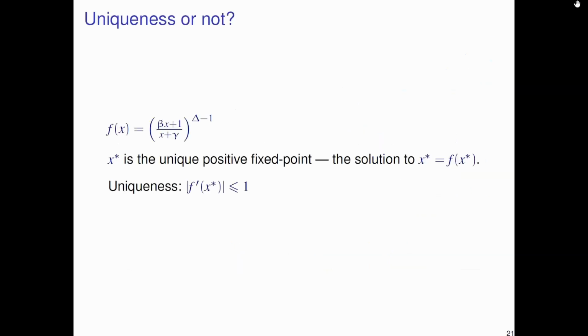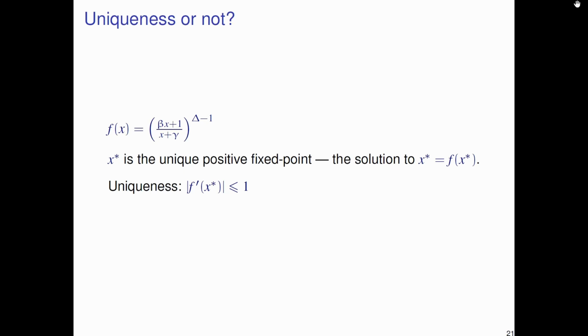Now, how can you tell whether it's in uniqueness or not? I mean, it's an infinite tree. That's actually really easy, because you can write down the recursion of spins propagating up the tree. So beta x plus 1, because if x is in, then you might be getting a beta, or 1, if it's out, or vice versa.